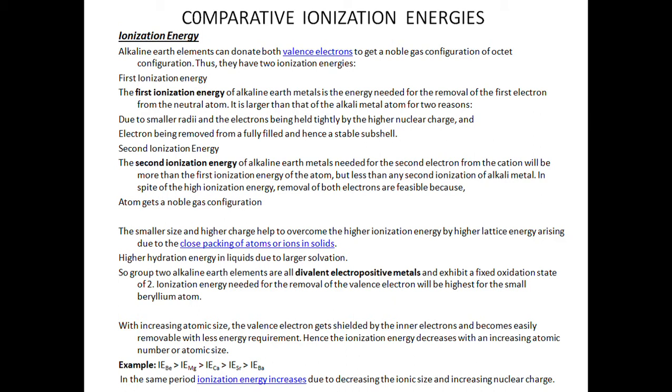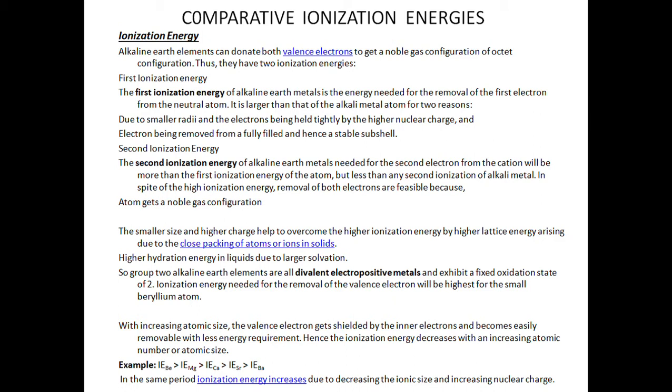Higher hydration energy in liquids is due to their larger solvation. So group 2 alkaline earth elements are all divalent electropositive metals and exhibit a fixed oxidation state of 2.